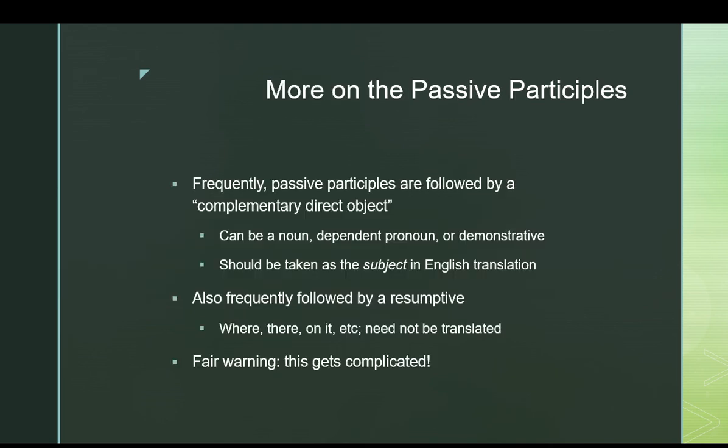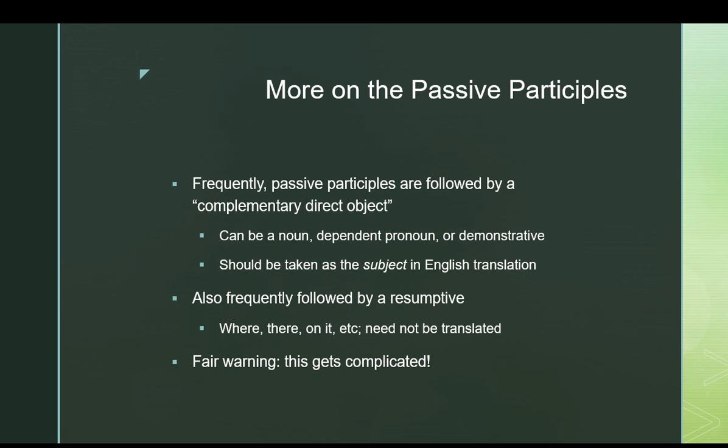Few more notes on passive participles. Passives especially, although as we've seen, it's entirely possible for this to happen and be logically fine with actives, are followed by a form of the direct object. With passives in particular, they're called complementary direct objects, and they act as the subject in English translations.